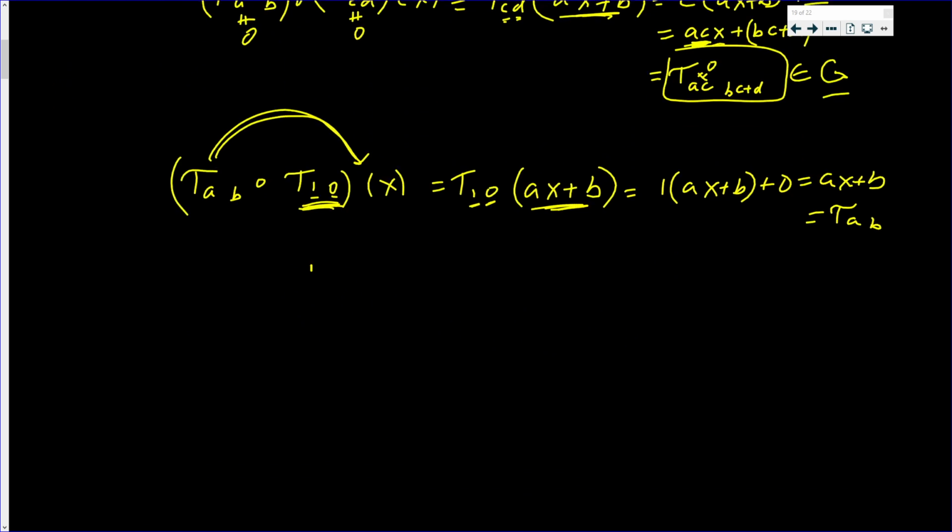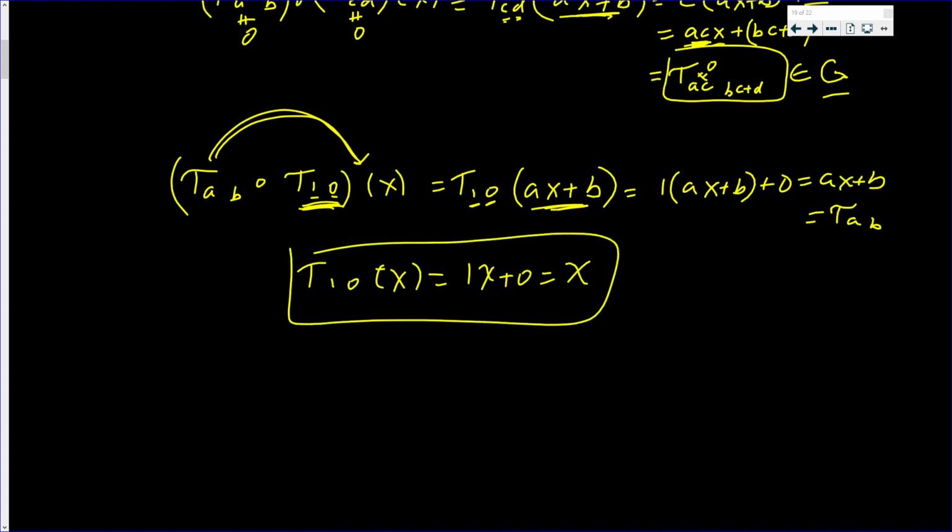Which, by the way, tau of 1, 0 on x will be 1 times x plus 0, which is x. So if we get back x, then we have inverses. What could you compose tau of a, b by to get that back?